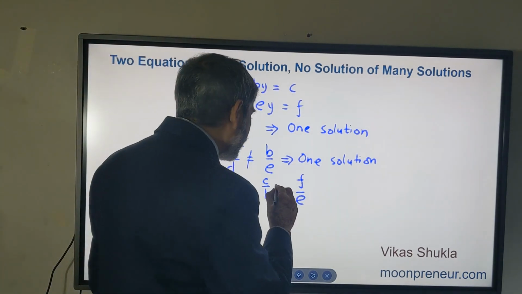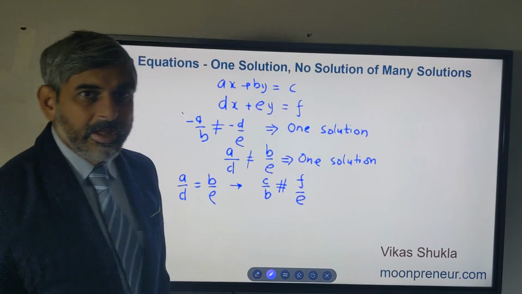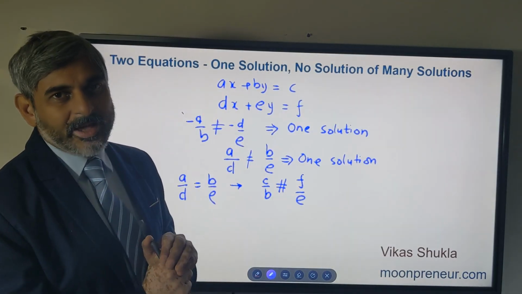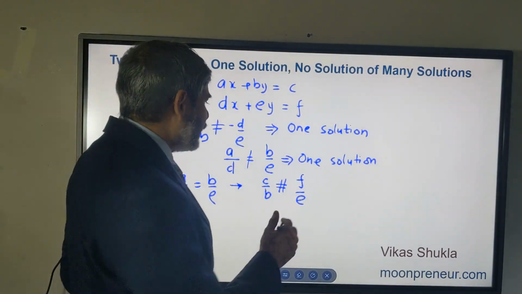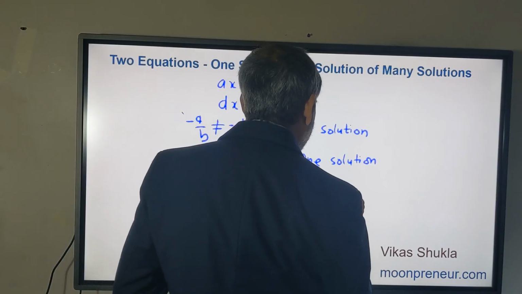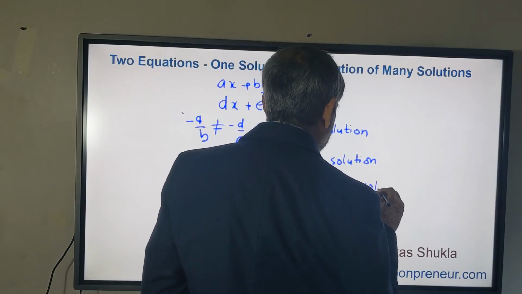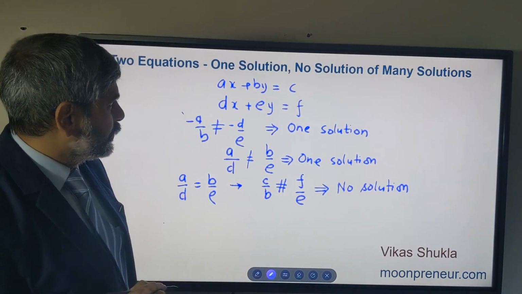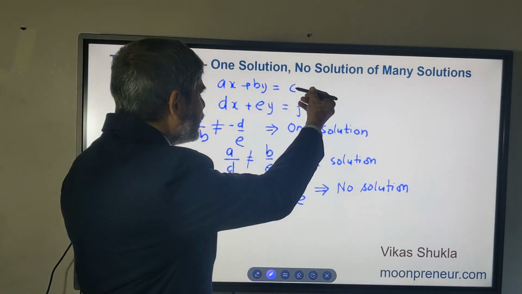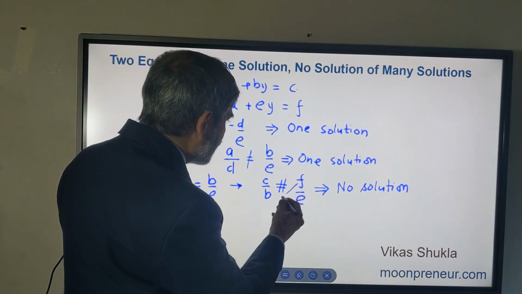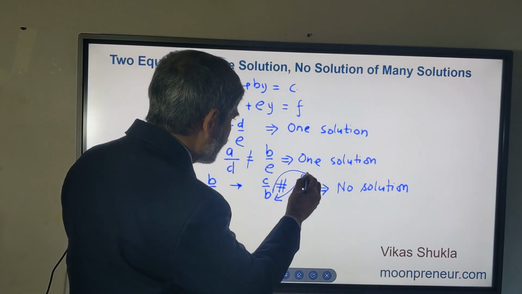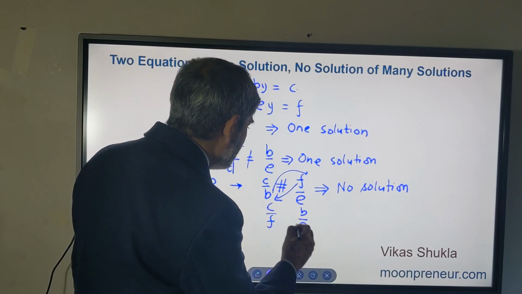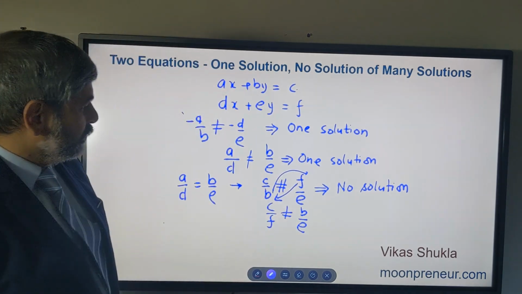And if these are not equal, it means their intercepts on the y-axis are unequal, and in that case we have no solution. Now this comparison I can also write as a ratio of c by f. So I bring this f here and b over here, so I can write c by f, and compare b by e; this is not equal to this thing.